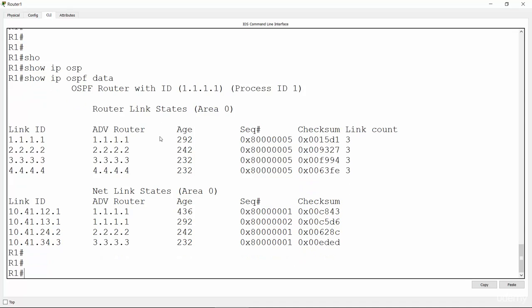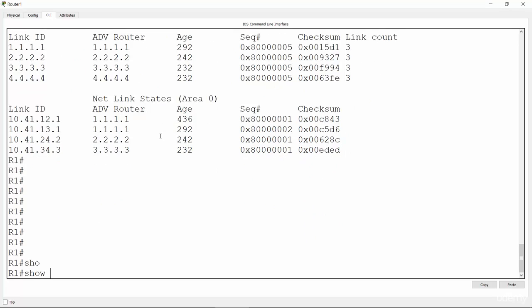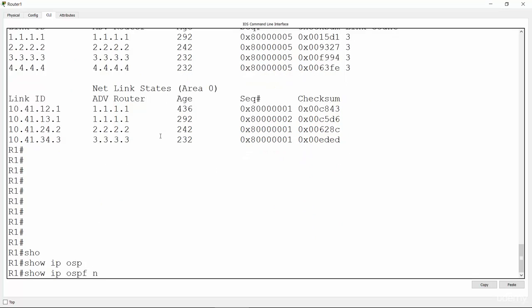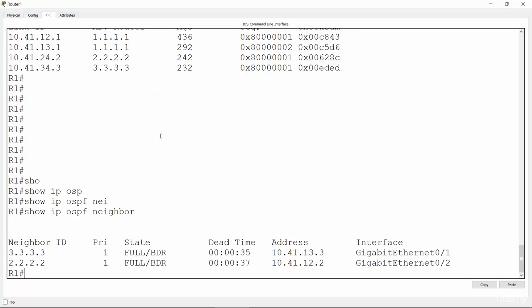I know how to go to the destinations via the database, but the best paths are installed into the IP routing table. Okay, let's take a look at show ip ospf neighbor on router 1. What I expect to see is router 2 and 3, which are directly connected to router 1. And yes, I'm seeing the router IDs that I configured for router 2 and 3, and I'm seeing the interface and IP address information as well.